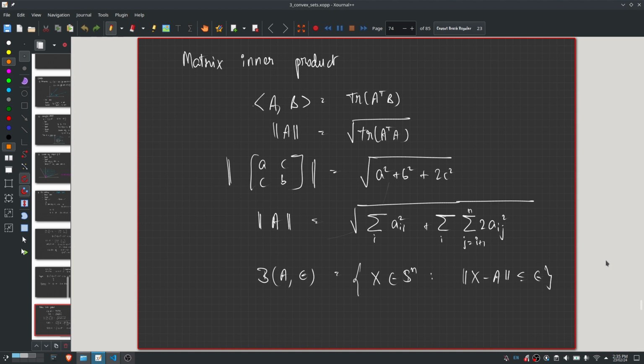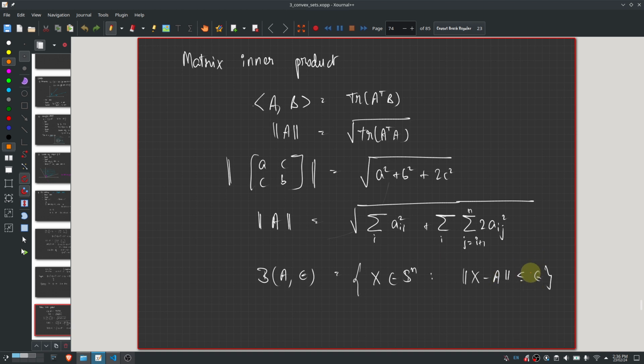Recall that in this particular space, the inner product between two matrices is essentially the trace of A transpose B. The ball that we consider is not the standard Euclidean ball, but instead it is the set of all symmetric matrices for which the Frobenius norm of the difference between X and A, the center, is less than or equal to epsilon.